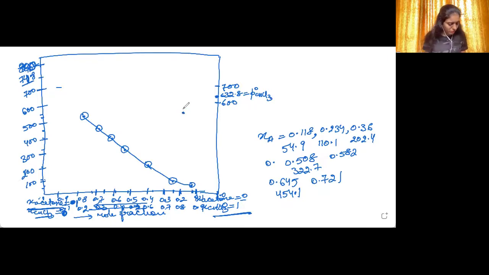Okay. Then when the mole fraction of acetone is 0.234, the partial vapor pressure of chloroform is 469.4. So the mole fraction of acetone is 0.234, approximately here, and the vapor pressure of chloroform at that time is 469.4, approximately here.